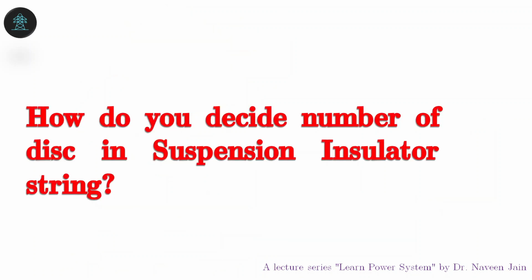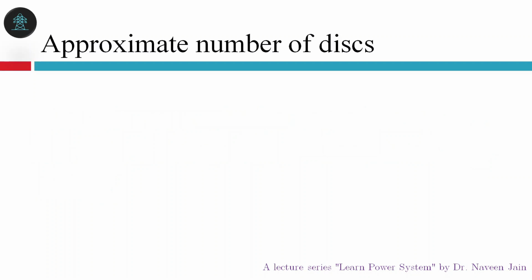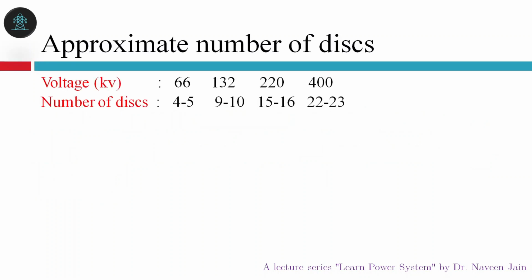How do you decide the number of discs in a suspension insulator string? This gives an idea about the approximate number of discs. Normally, a disc insulator is rated for 11 kV. So here, a table between voltage and number of discs is presented for your better understanding.